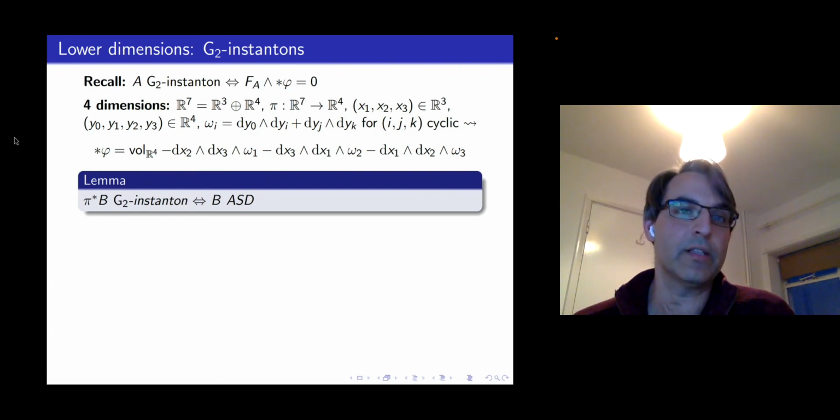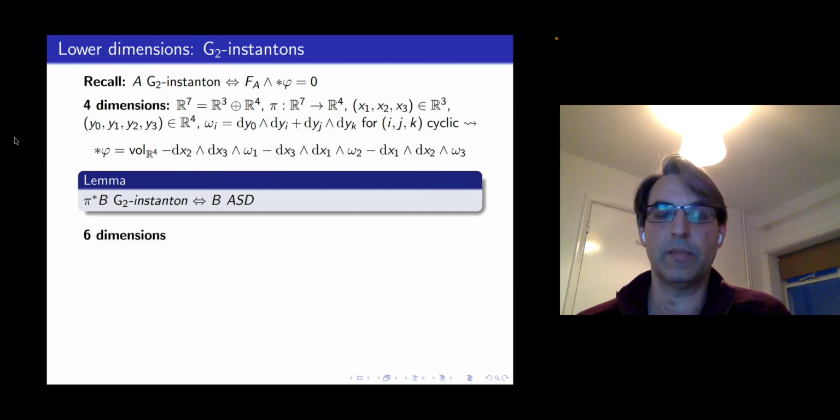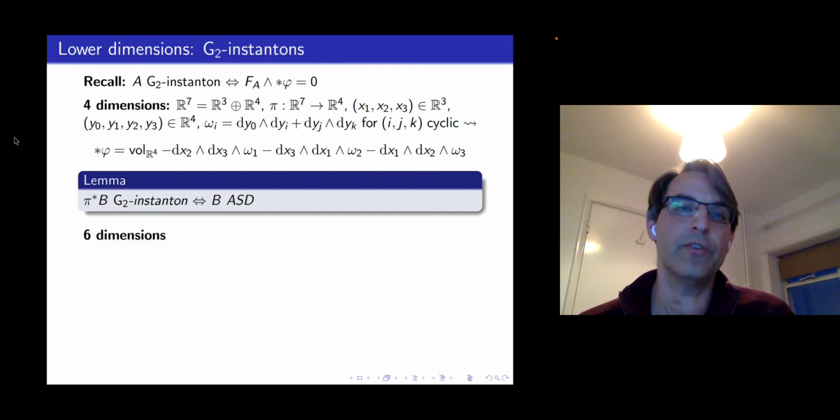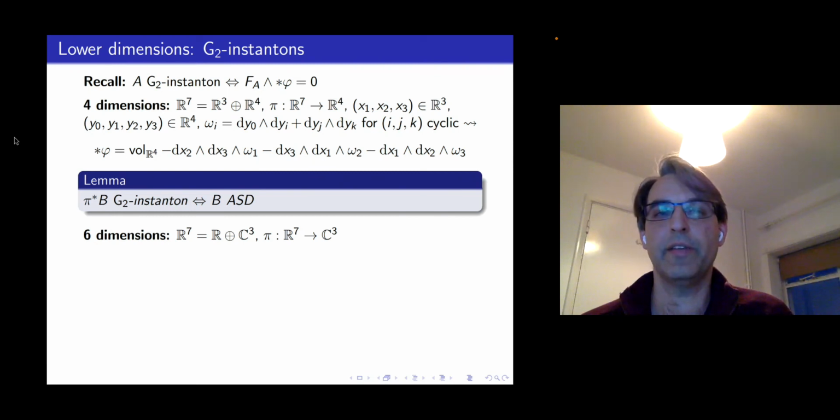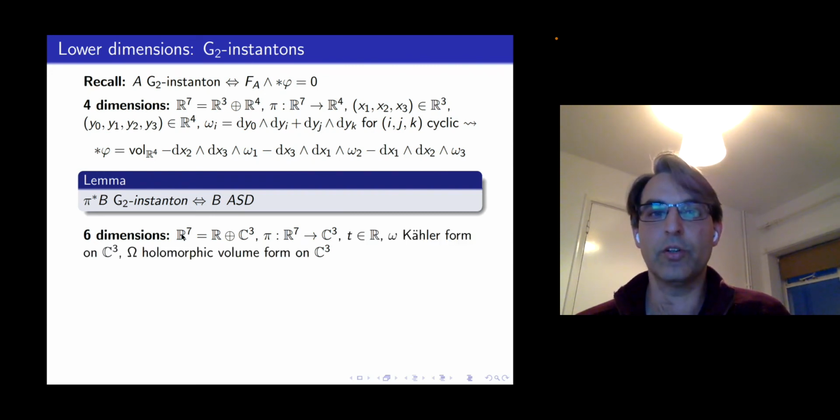So that's one way to relate things to lower dimensions. You can also do the same sort of trick with 6 dimensions. So now you split up R7 into R plus C3. You have a projection map from R7 to C3. You choose a coordinate T on the real line. You have a Kähler form, omega, on C3, and a holomorphic volume form, capital omega, on C3.